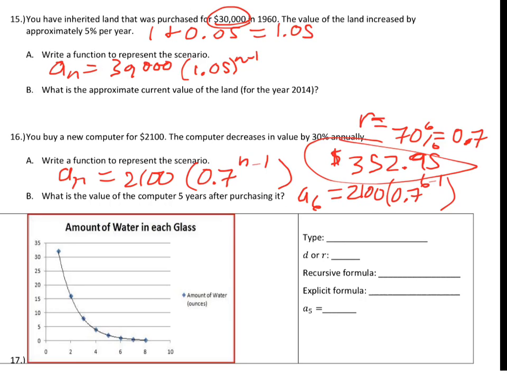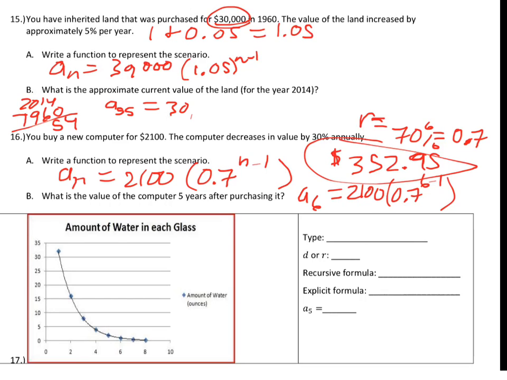Okay, approximate value of the land at year 2014. Well, if you have no idea how far that is, you can take 2014 and subtract out 1960. And that would be how many years it was, which was 54. Okay, so we know how many years it was, but that's number of years, which will make our term of the sequence 1 more.